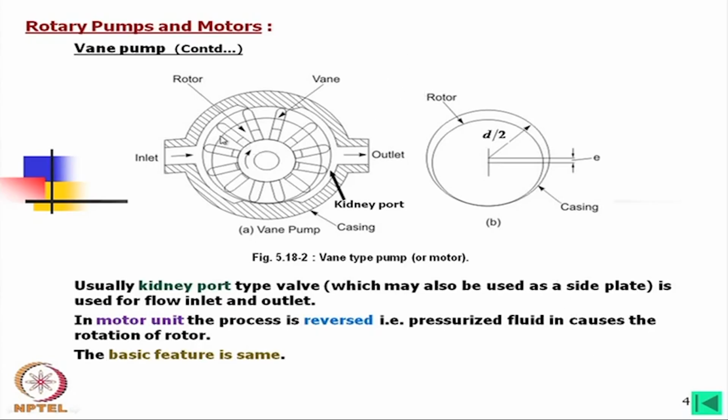In case of a motor, as you see, the pressurized oil is coming in and the vane has these tips, and there is a possibility of leakage. So, in case of a motor it is more vulnerable to leakage. So, we have to be careful about that.